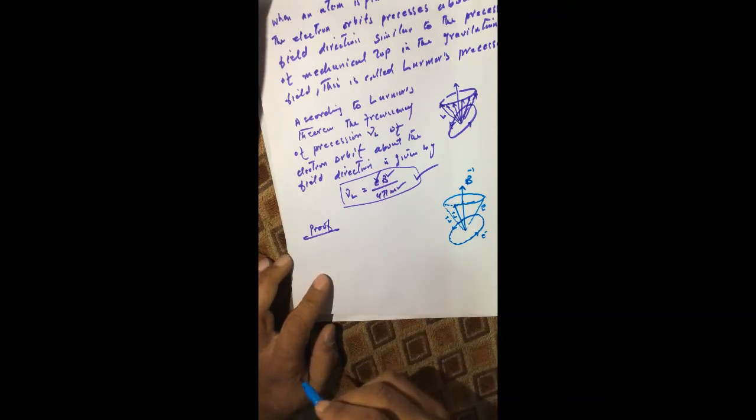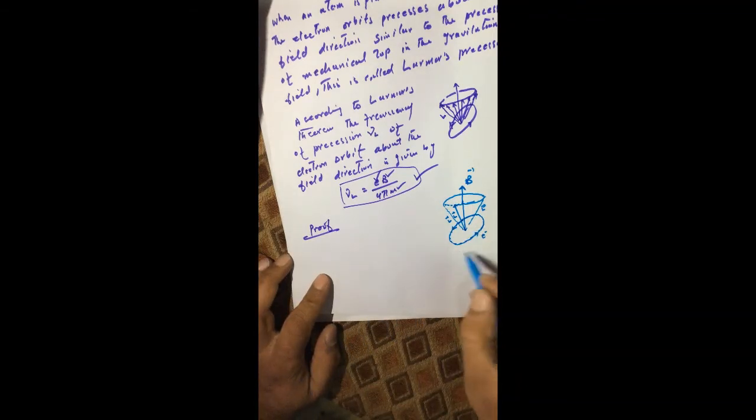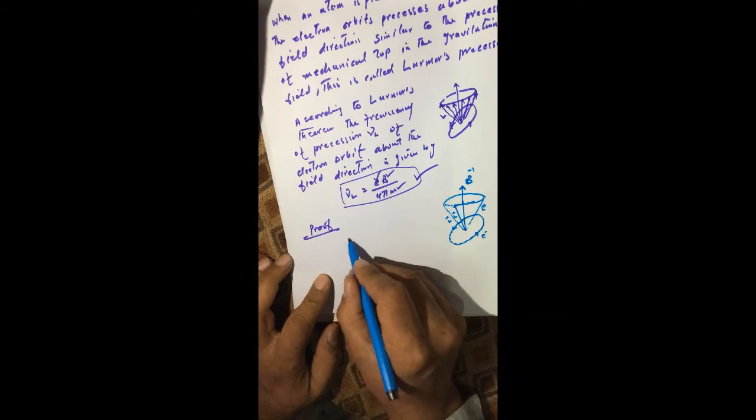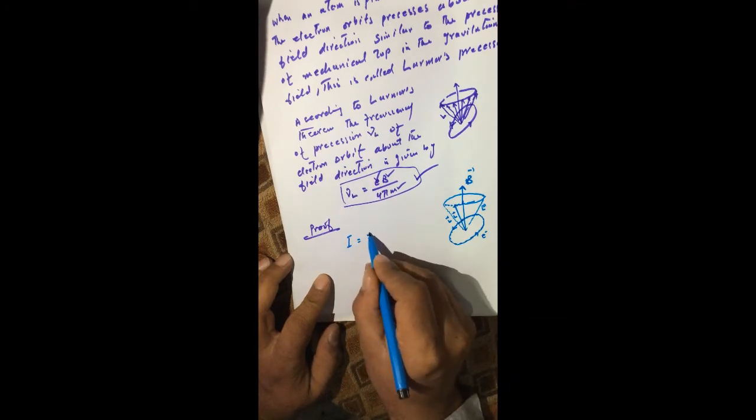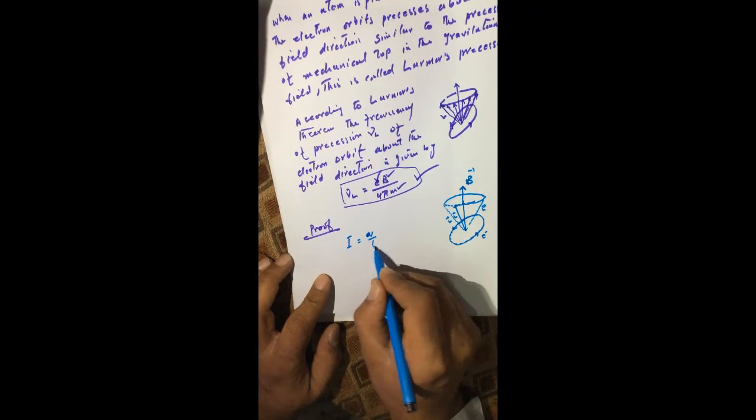Now the electron is moving in this circular loop, and the motion of the electron around the nucleus is equivalent to a current loop. The current produced due to the motion of the electron in this loop is I, which is equal to charge per unit time.